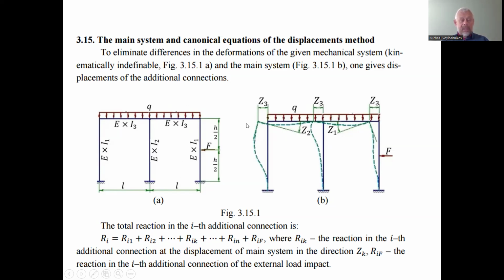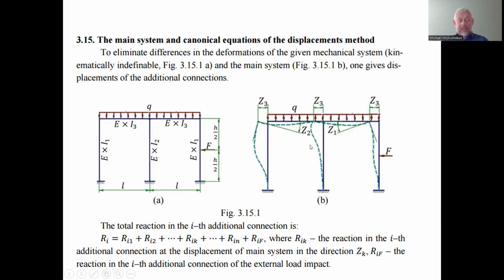These are 2 angular displacements available here: in the rigid joint of the left vertical stand and the horizontal beam, and the second is the angle of rotation under the action of the external load at the connection of the horizontal beam and the right stand.